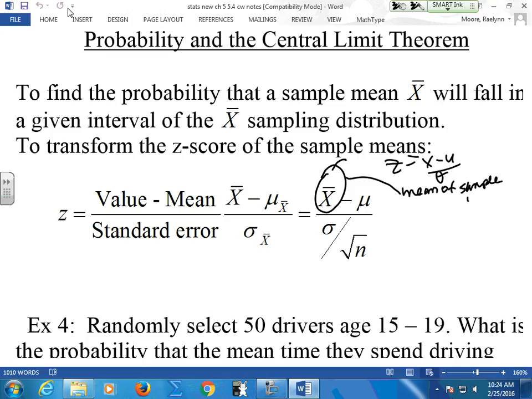Remember, I told you this is kind of like a little tongue twister. If we took all the samples, took their average, then took the average of all the averages, that's the x bar. And the only other change is we have to adjust the standard deviation. This change you won't even see at all, because we're going to call it the mean of the sample means in the problem. But this is the one change you have to make.